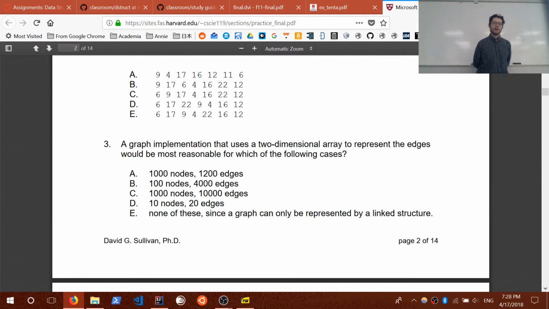And then 10 nodes, 20 edges, that's 100 possible edges. So the densest one of these is 100 nodes with 4,000 edges, because we have 10,000 possible edges, and 40% of those are represented, right? So B is the most reasonable, because B happens to be the densest of these.